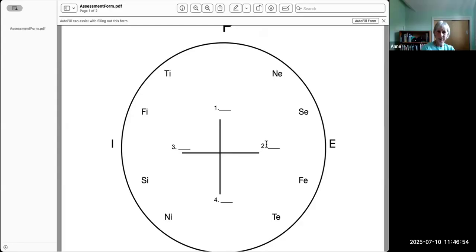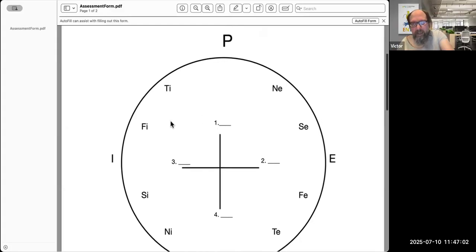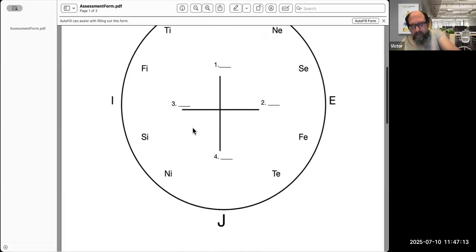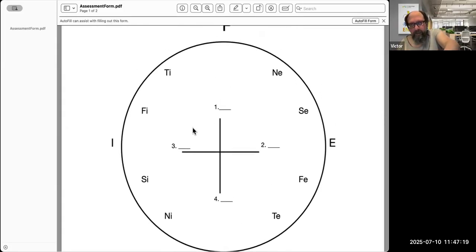You see, because the perceiving indicates that it's going to be an extroverted irrational function, and the judging is that it's going to be an extroverted rational function. And so if this is true, then this will be in the other position.